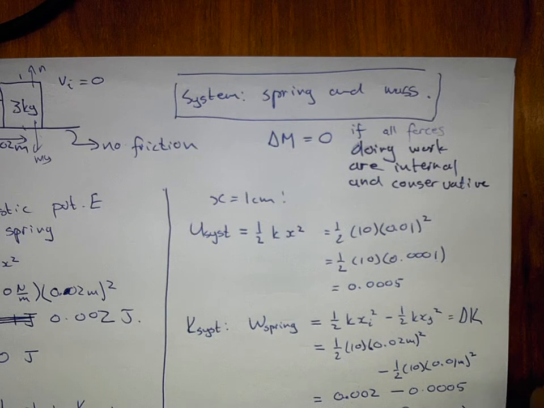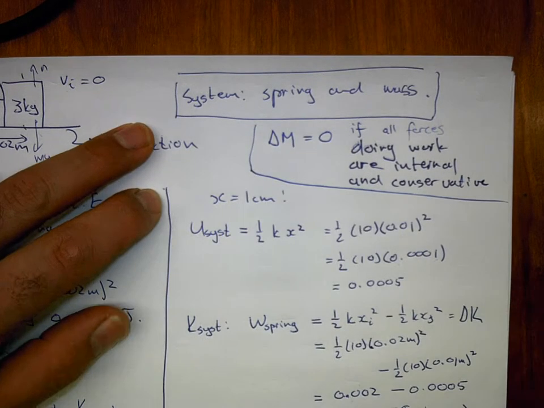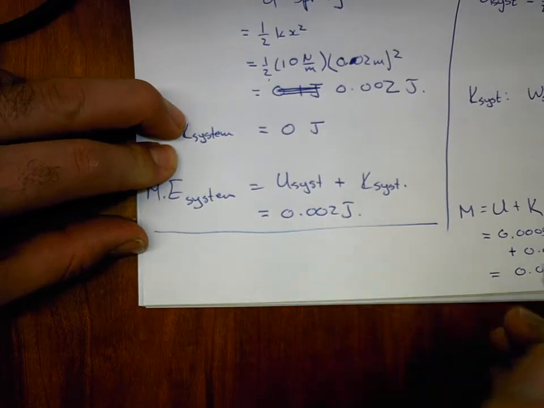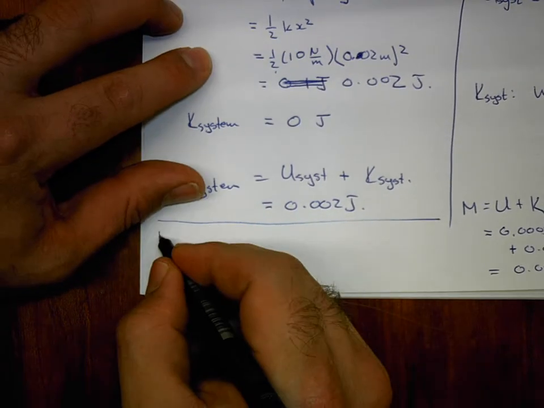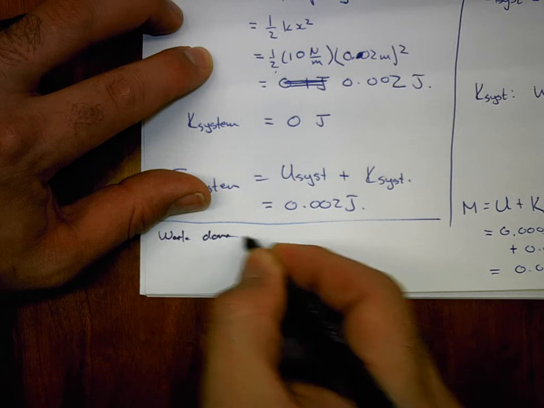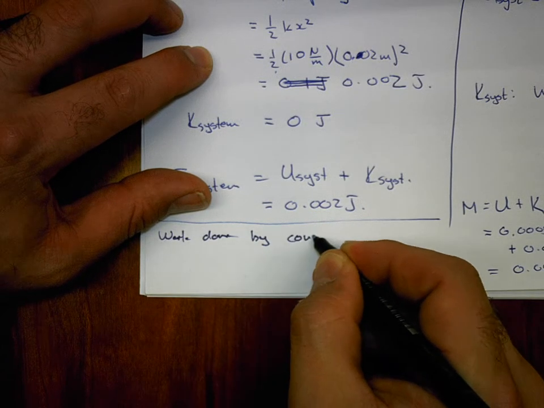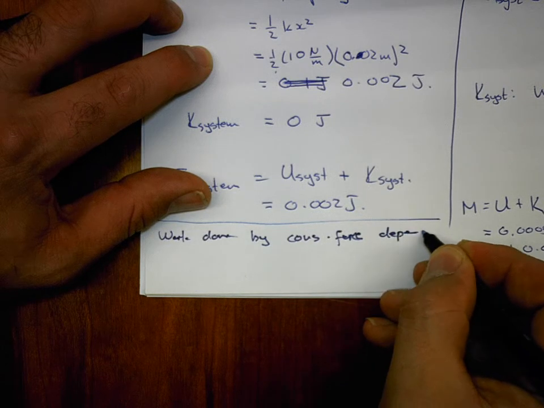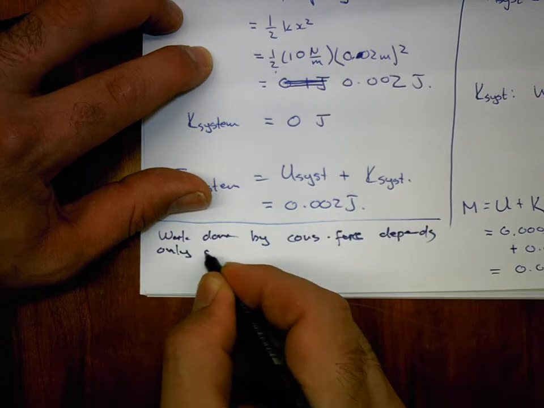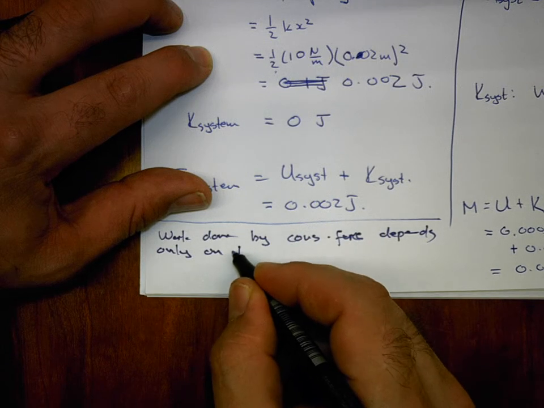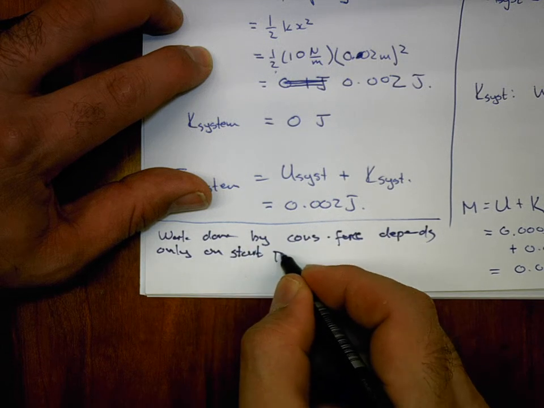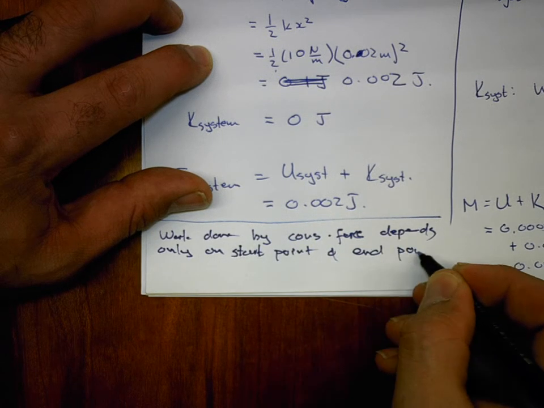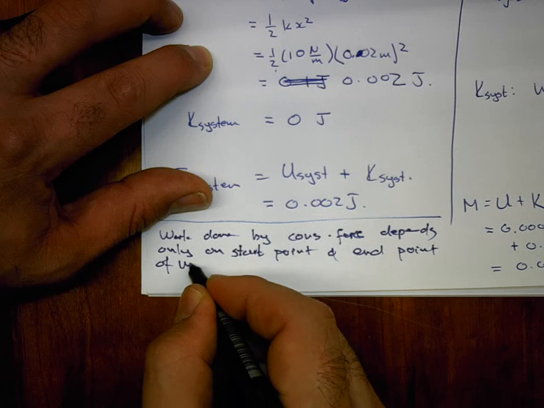Just to give you also the unofficial definition of conservative and non-conservative forces, just to keep that in mind. The work done by a conservative force depends only on the starting point of the motion and the end point of the motion.